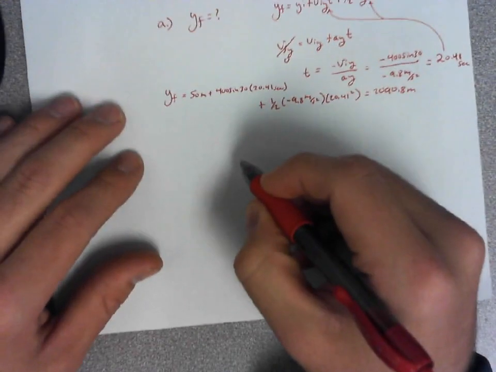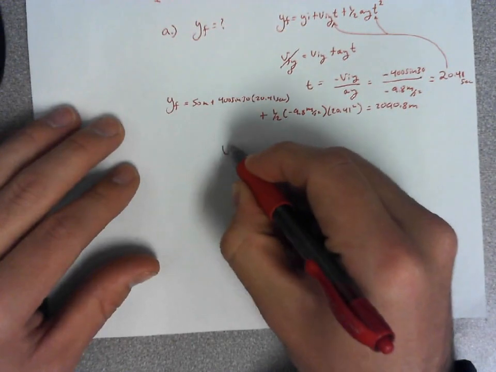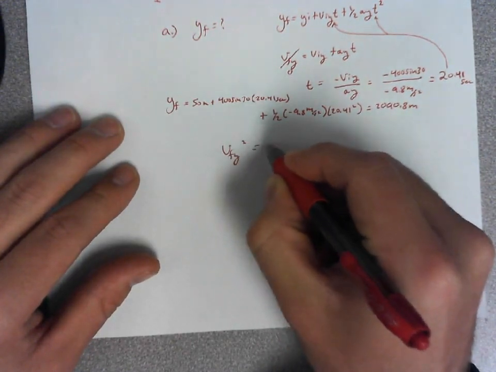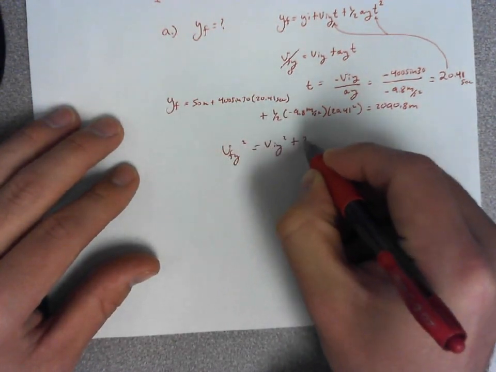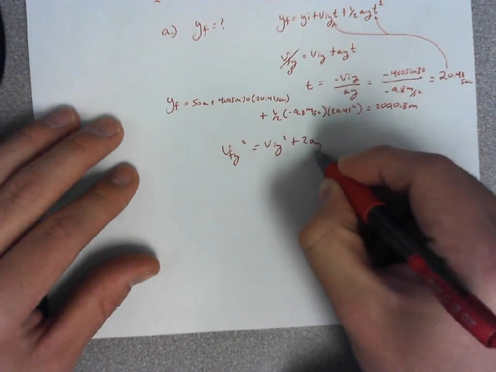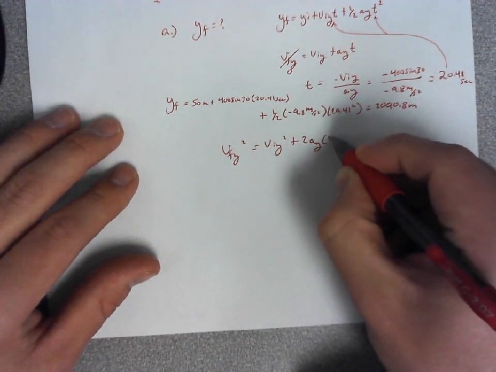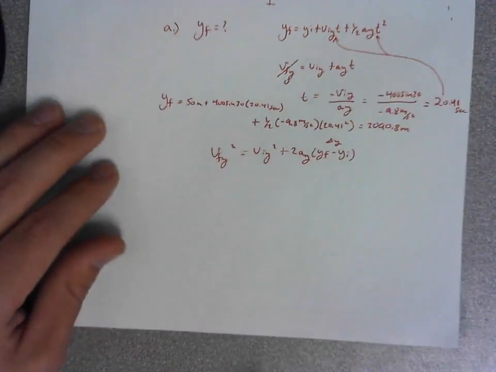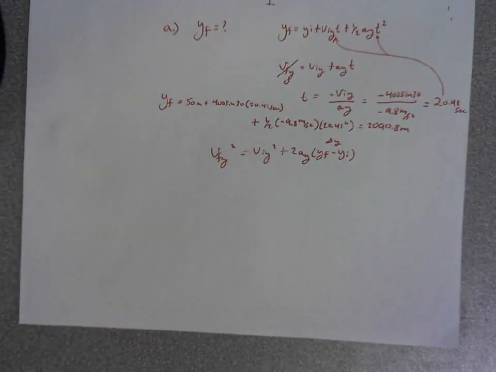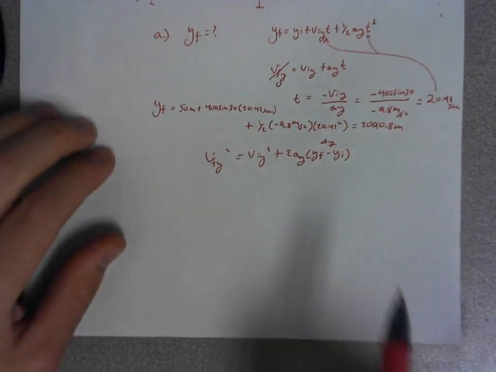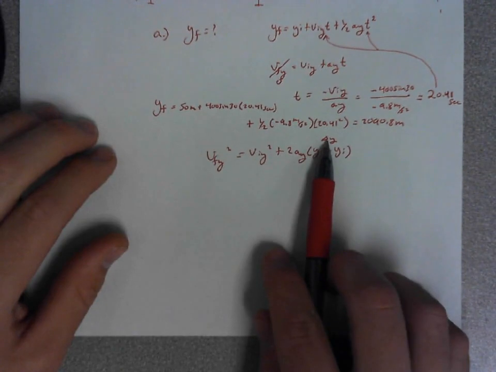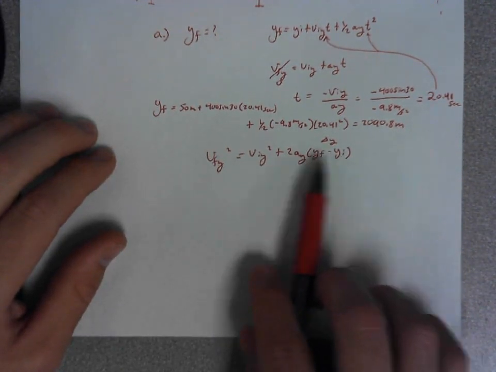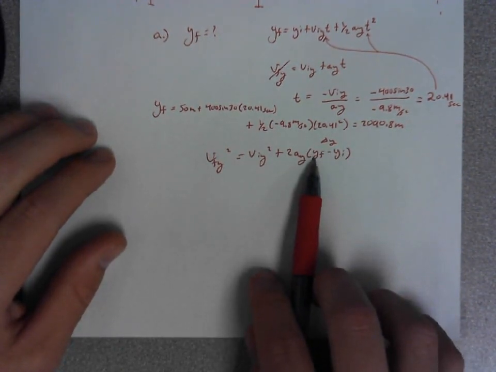So that's one option for finding y final. The other option is you can use this equation. This is the equation that we use when we don't have time. Delta y is usually what we represent here, but I've expanded it out just to show you where the y final is coming from.